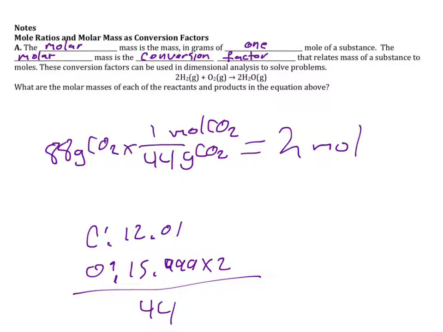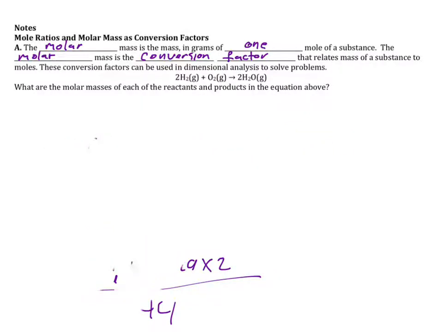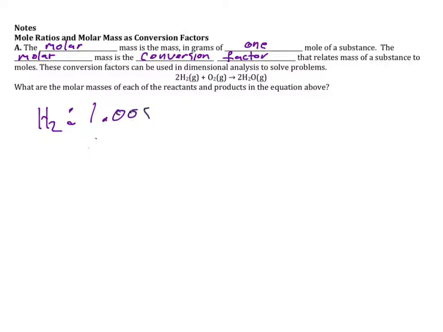So now what we're going to do is take this concept and tie it together with our mole-to-mole concept. So this first part is: what is the molar mass for each reactant and product? Well, we have H2, right? And hydrogen has an atomic weight of 1.008, but we multiply it by 2.